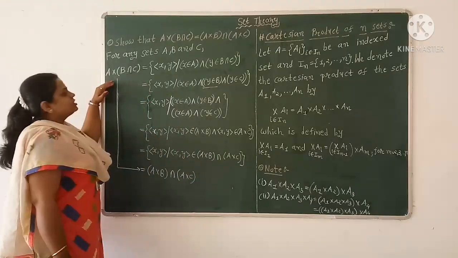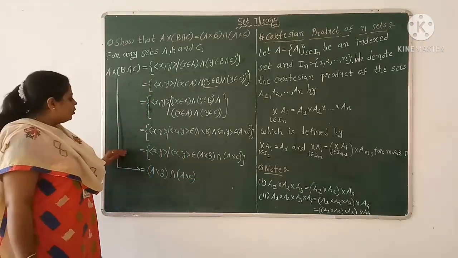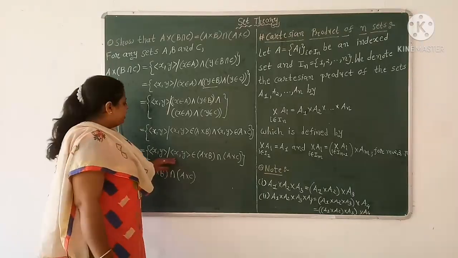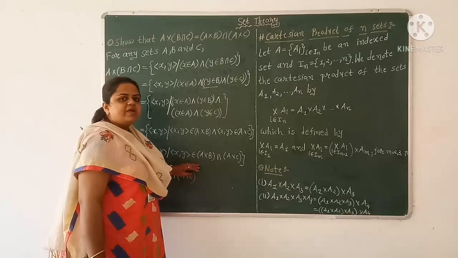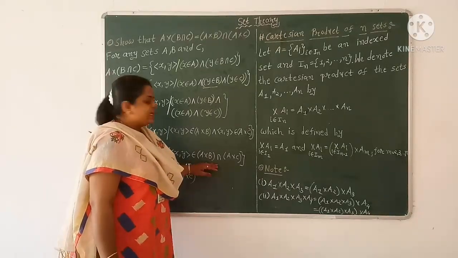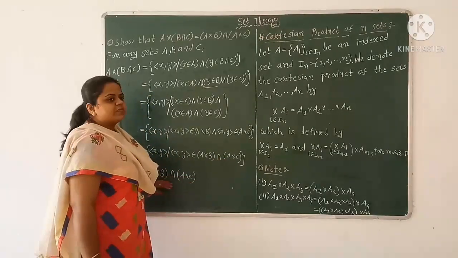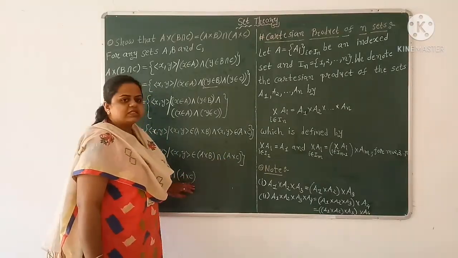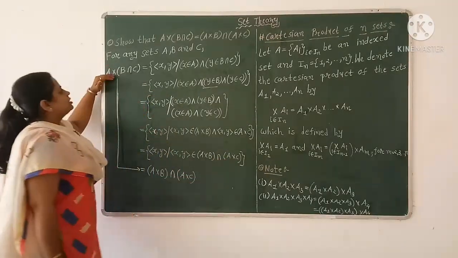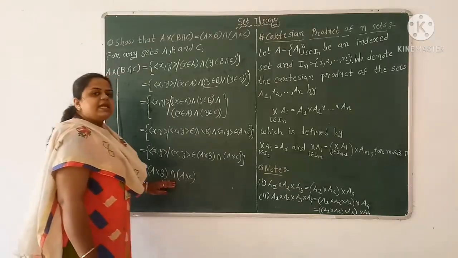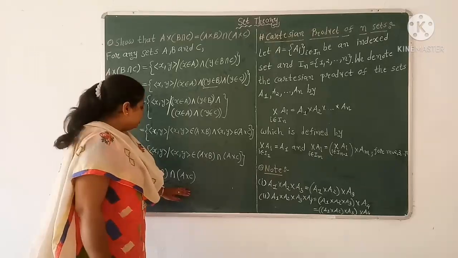So, A × (B ∩ C) is equal to the set of ordered pairs (x, y), where (x, y) belongs to (A × B) ∩ (A × C). So, A × (B ∩ C) is equal to (A × B) ∩ (A × C).